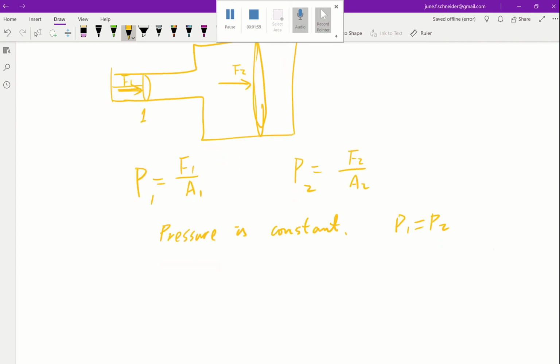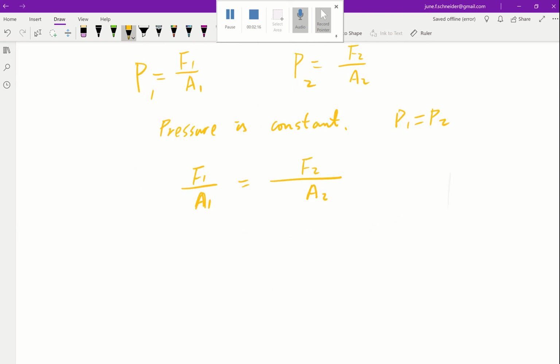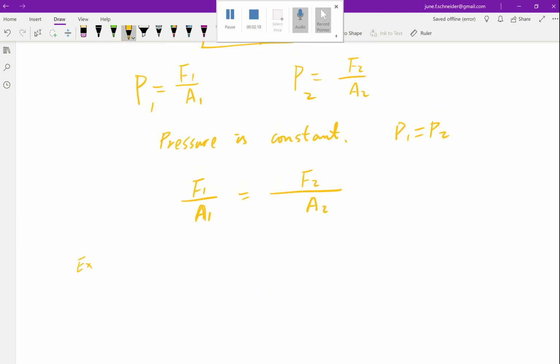So knowing that, we can see at position number 1, when you apply a force at this cross section A1, that's going to be the same pressure at the end point, F2 divided by A2. Okay, so knowing that, we can solve an example here.